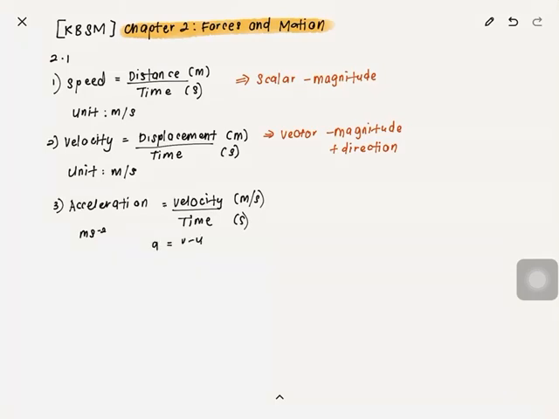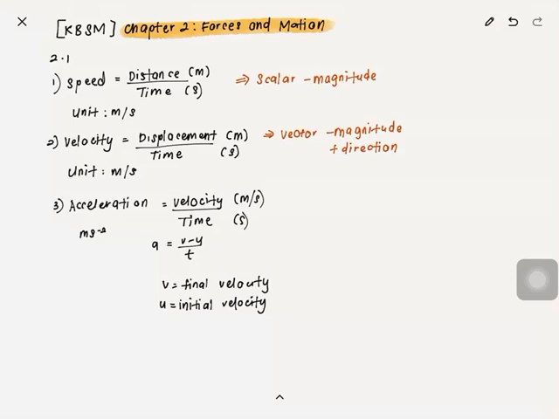The official formula for acceleration is actually a = (v - u) / t, which is a very important formula. v stands for the final velocity, and u is the initial velocity.